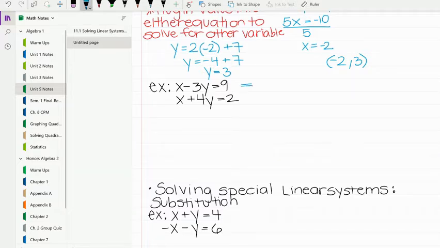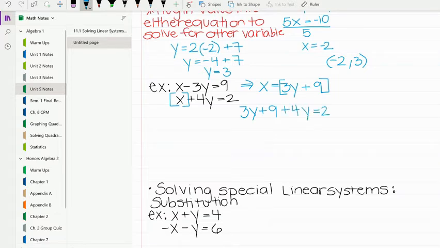If I were to get x by itself, I would get x equals 3y plus 9. I'm going to take that 3y plus 9 and plug it into the other equation for x. So this would become 3y plus 9, so that's my new x, plus 4y equals 2.